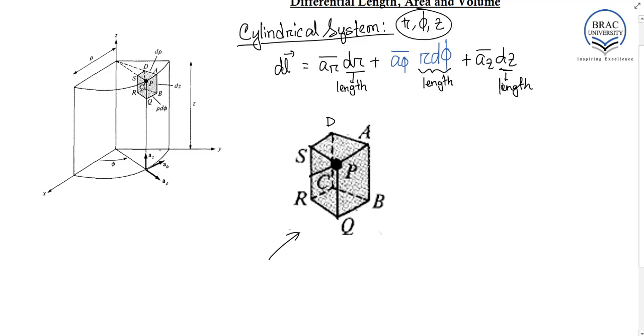So this is an infinitesimally small cylindrical cutout, and let's say we want to get to point A starting from point R. So the RA vector would be the dl vector that we are trying to get. So this will be the RA vector.